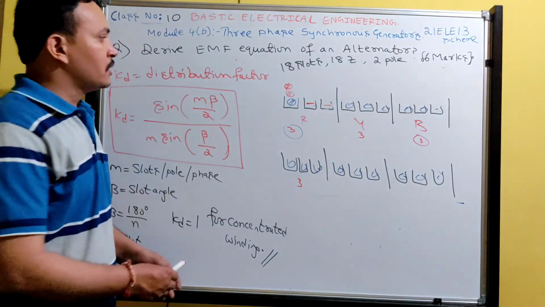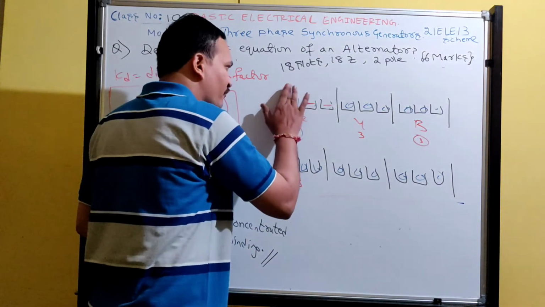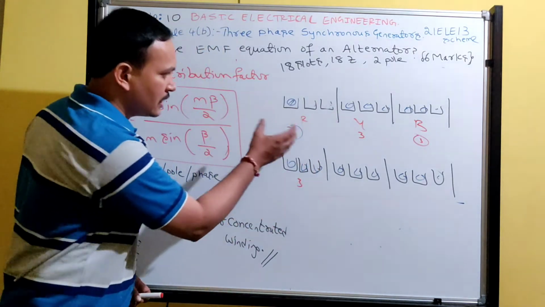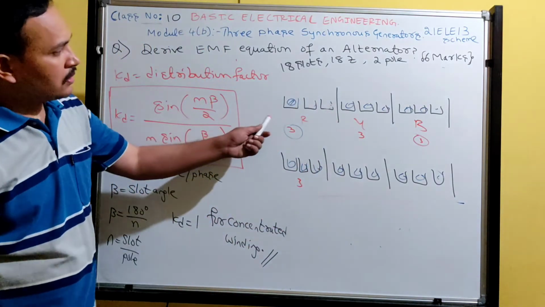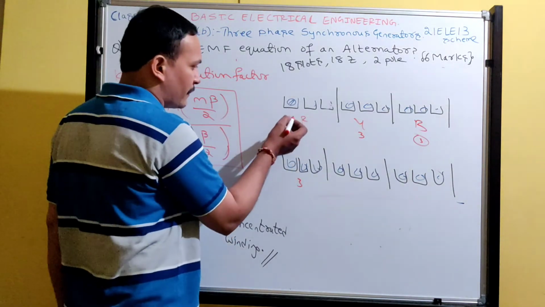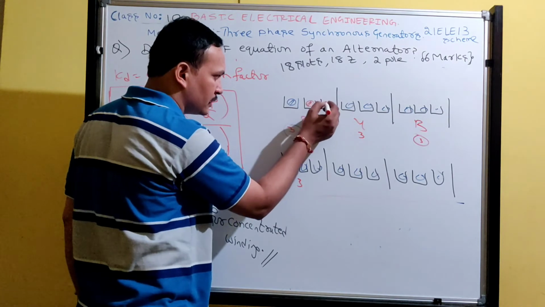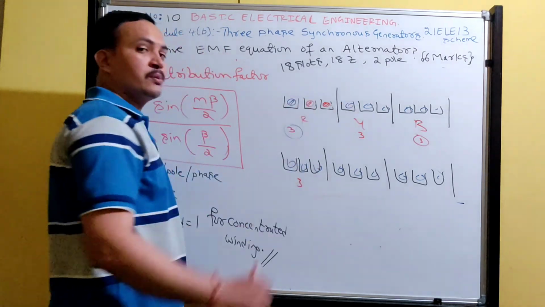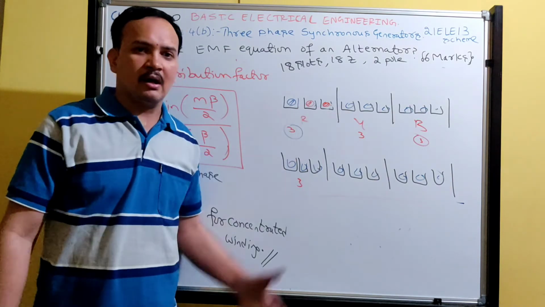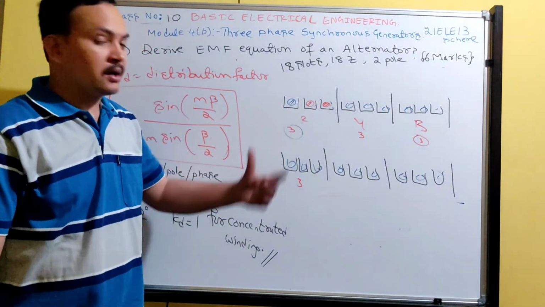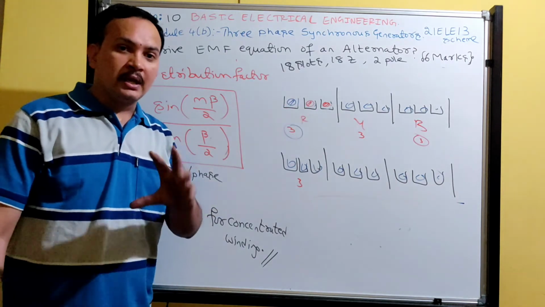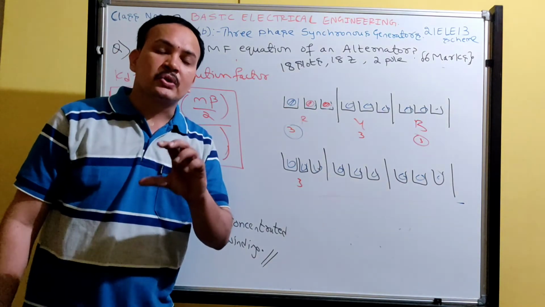Okay, got it? Similarly, with the same winding and same conductors, there are 3 conductors in the R phase of the north pole side. If I place the 3 conductors equally distributed in all the slots, 3 conductors in 3 slots, 1 conductor in each slot, this is called distributed winding. This type of winding gives an accurate induced quantity.